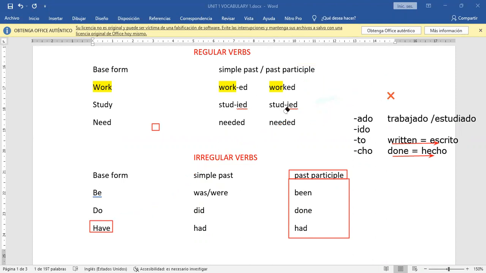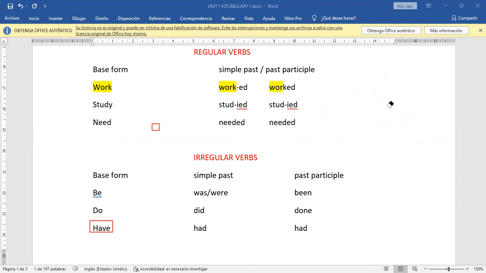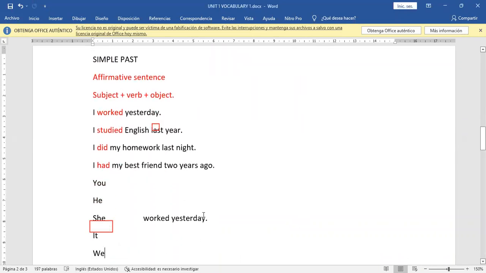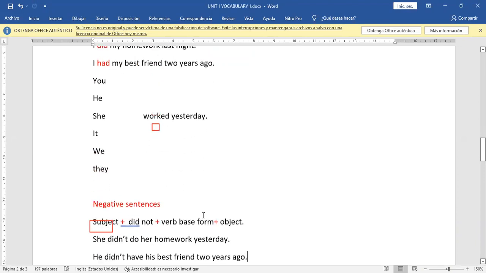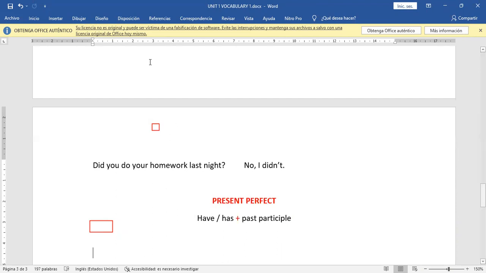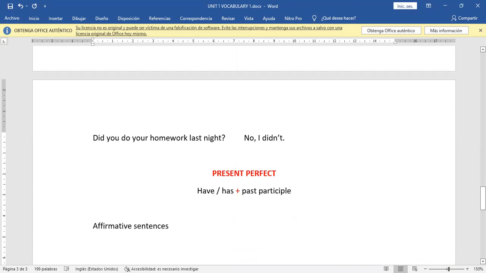How do you say no has hecho tu tarea? Or how do you say has hecho tu tarea? Let's start with affirmative sentences in present perfect. ¿Has hecho tu tarea?